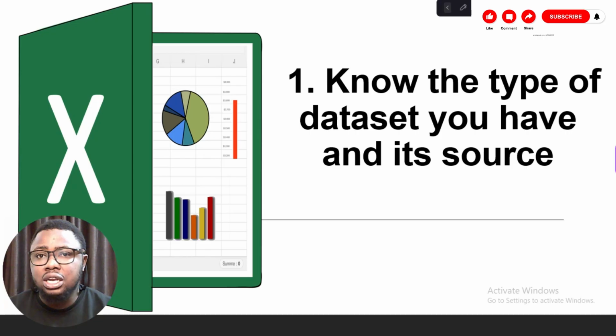Whatever data set it is, whatever it's coming from, you need to know the source. Because when you don't understand these things, you cannot give your best. You cannot do your formatting according to the requirements of the source or of the data sets, right? So you need to know the type of data it is so that you'll be able to work with it.